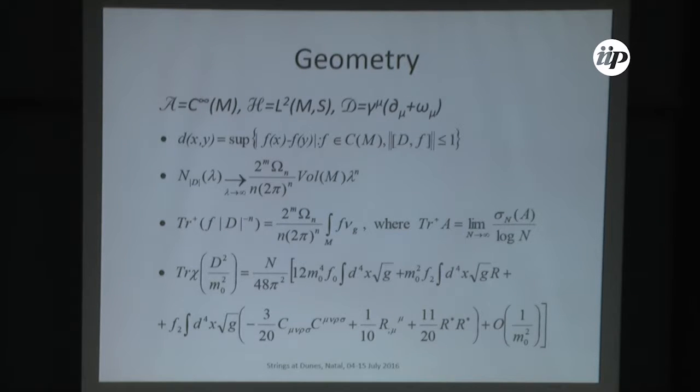Everything is nice here: this Riemannian manifold is compact, because otherwise you should say more things. Anyway, take the Dirac operator, look at the spectrum, start counting states below some cutoff, this counting function. And Weyl's theorem essentially tells you how the counting function grows.